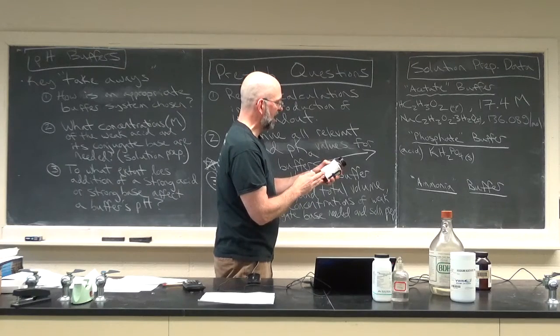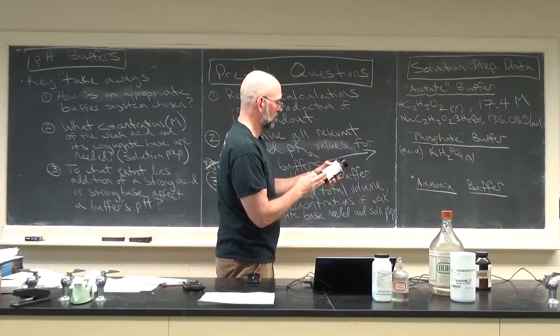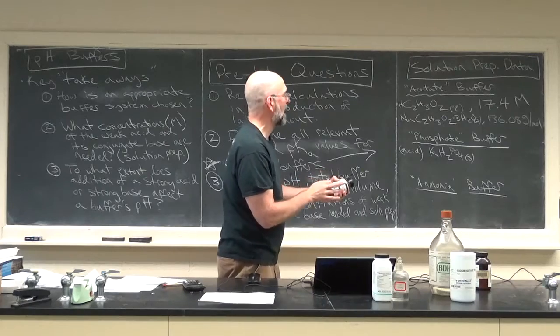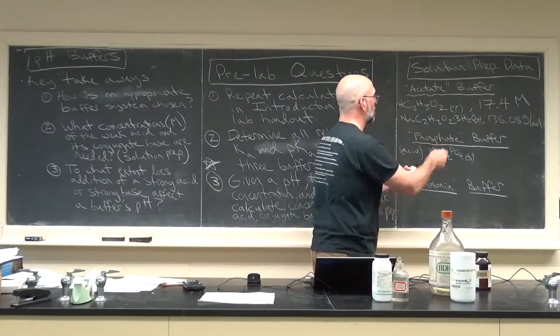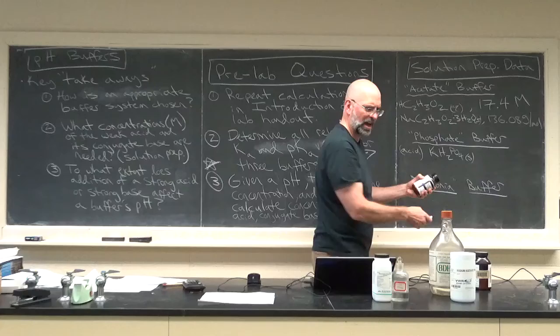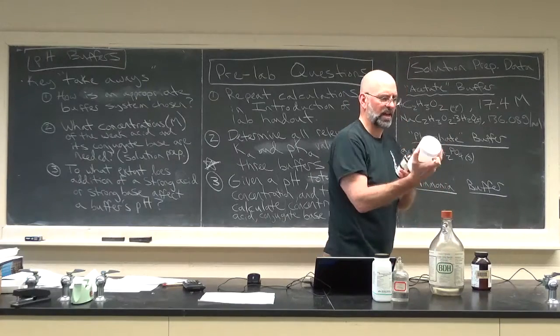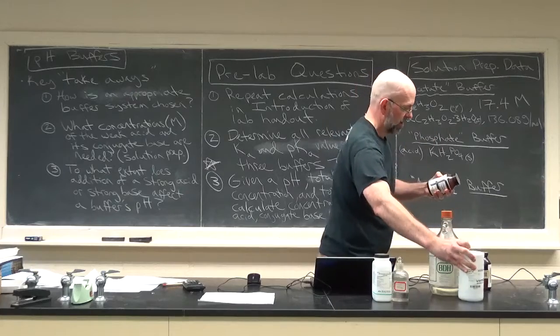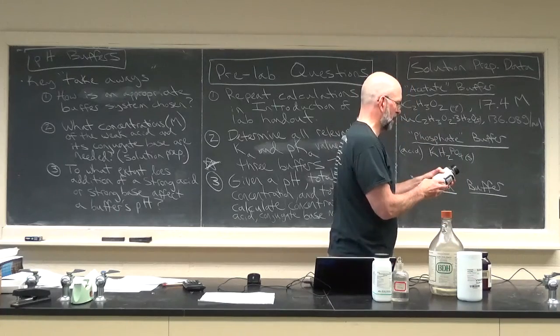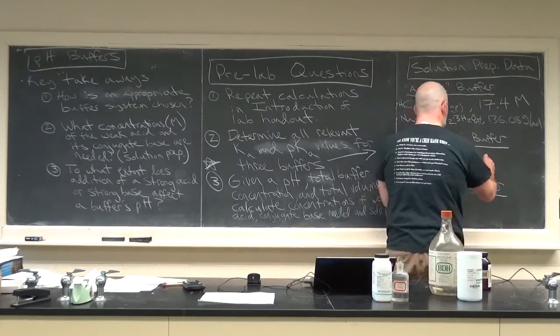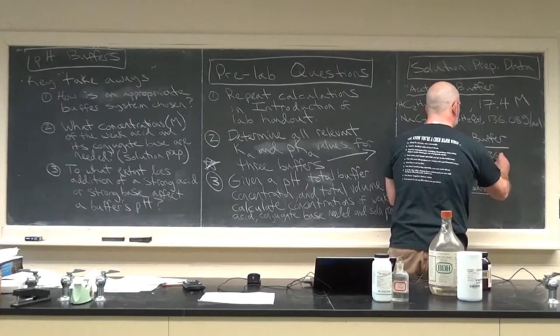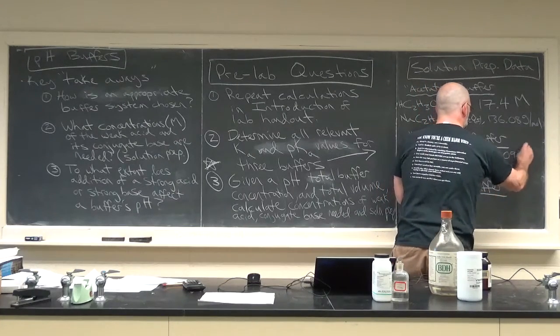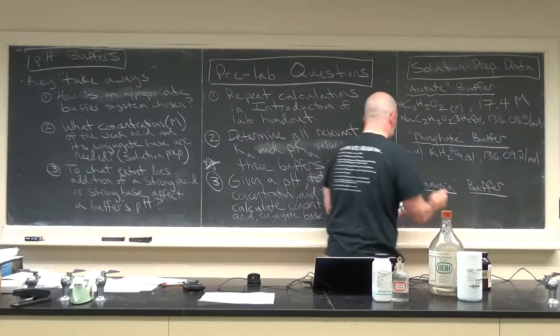The KH2PO4 has a molar mass, interestingly enough, almost the same as sodium acetate trihydrate. I didn't even notice that. Yeah, 136.08, and the molar mass here is, never thought of that, 136.09 grams per mole. That's the acid.